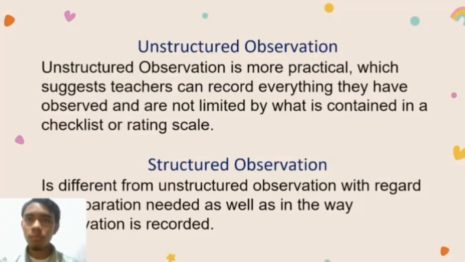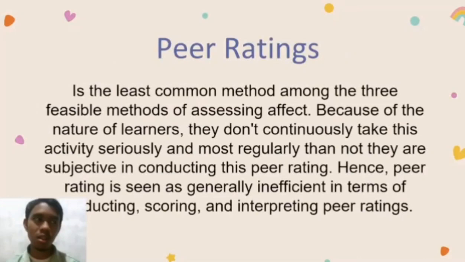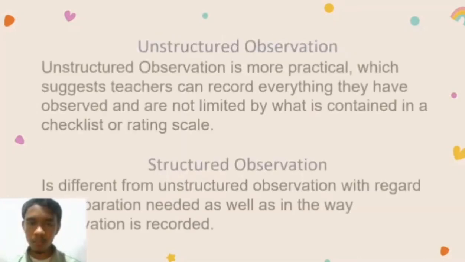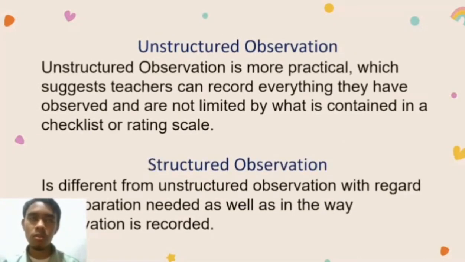They're given a scale, so if this behavior, does the student always observe this or rarely observe this. But sometimes the teachers just get too lazy to answer this, so they just put always observe in that part. So that was unstructured observation and structured observation in the parts of the teacher's observation.